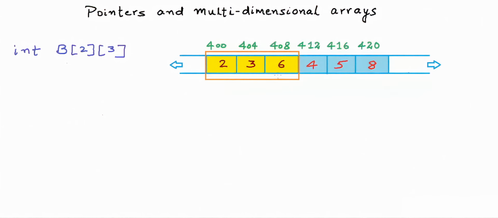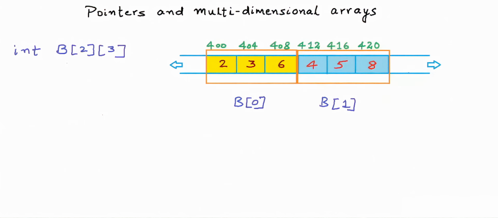Overall, this first block of 12 bytes that contains these 3 integers 2, 3 and 6 that I'm showing in yellow here is my first one-dimensional array that I can call B0, and this next block of 12 bytes is my second one-dimensional array of 3 integers that I can call B1. So we have two one-dimensional arrays in our collection, and everything is organized in one contiguous block of memory.